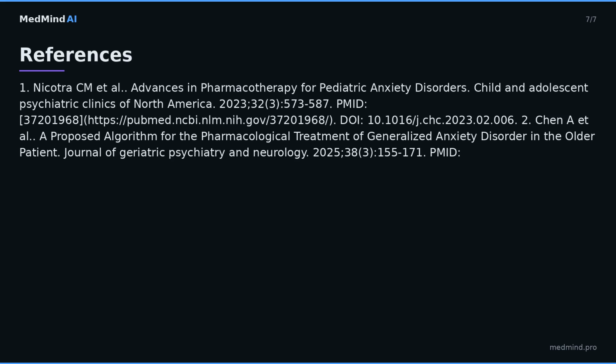References: 1. Nicotera C.M. et al. Advances in Pharmacotherapy for Pediatric Anxiety Disorders. Child and Adolescent Psychiatric Clinics of North America. 2023, 32, 573-587. PMID 37201968. DOI 10.1016/j.chc.2023.02.006. 2. Chen A. et al. A proposed algorithm for the pharmacological treatment of generalized anxiety disorder in the older patient.